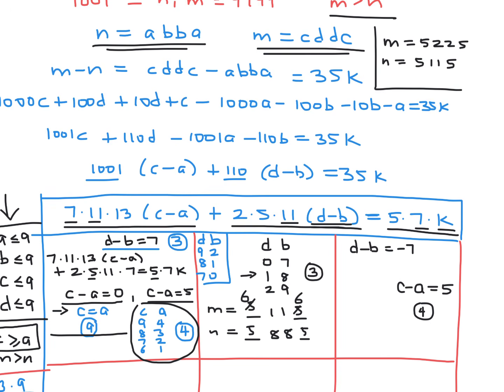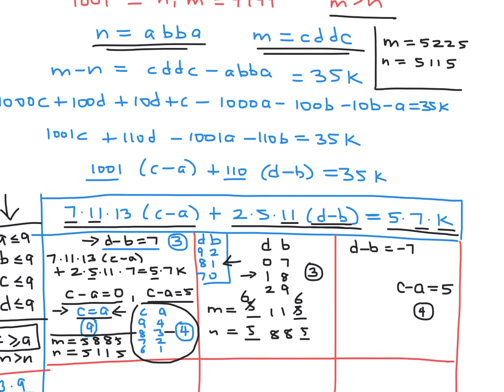Whereas over here, you could have a scenario where the C equals A. So if you had 5 and 5, and then we took, sorry, not one of those guys, one of these guys over here, that C is equal to A. So then D minus B is 7, so let's take this guy. So m would be C, D, C, so it would be C, which I've chosen as 5, D would be 8, and n would be 5, 1, 5.